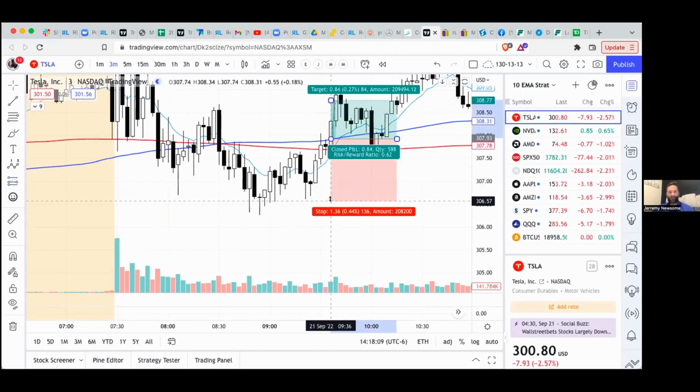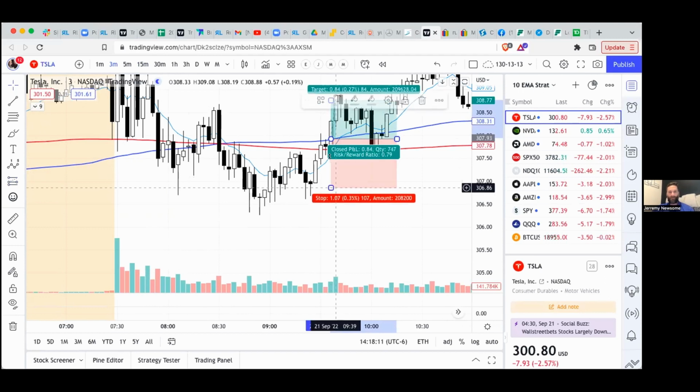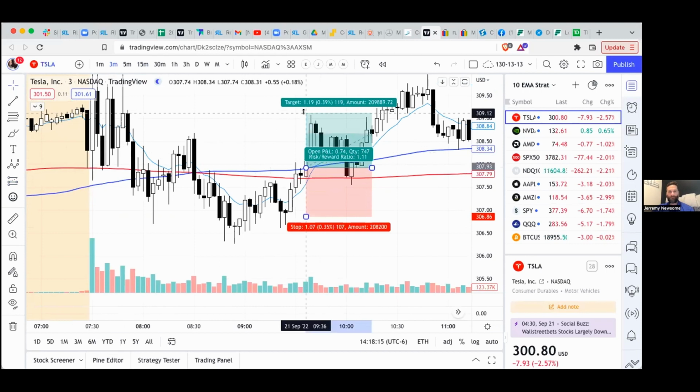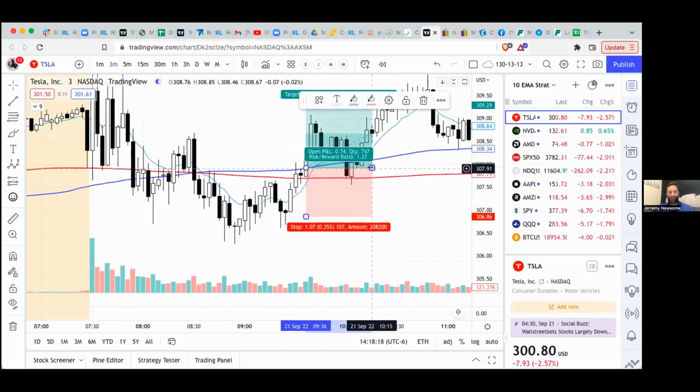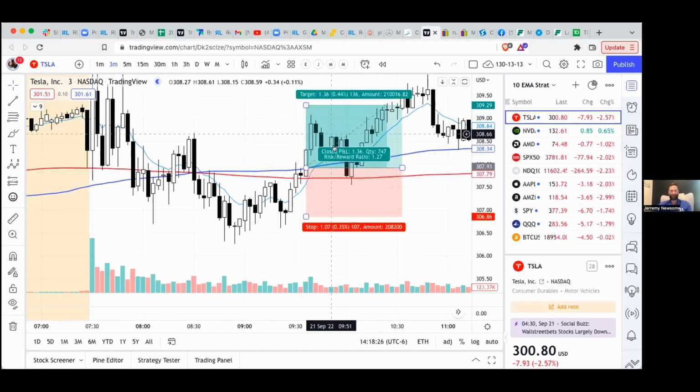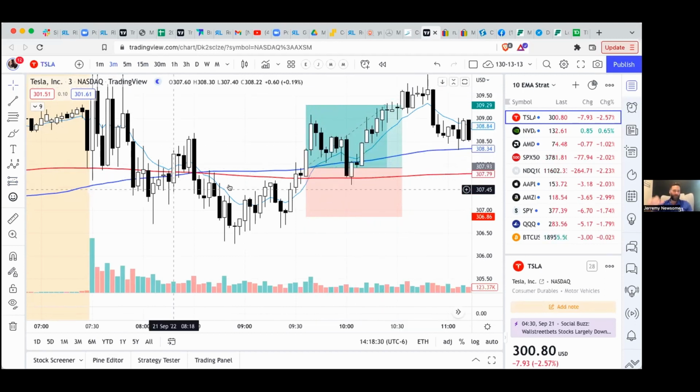Stop probably below there, and then shoot for 1.2. Hindsight trading is easy. That's the best. Or even if I miss this one, I could have still kept it in there and tried to get the retest right here as well. Yep. Beautiful. All right.